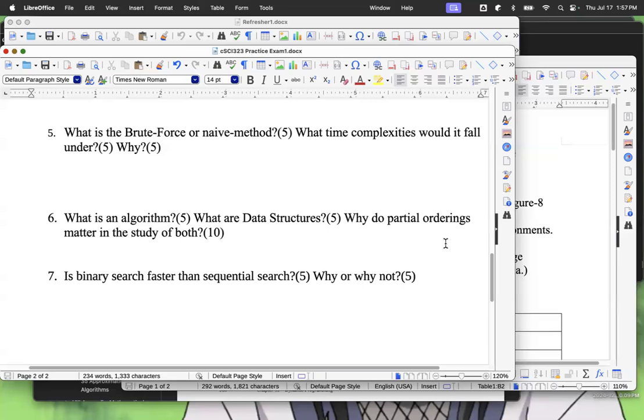And why do partial orderings matter in the study of both? Any answers?